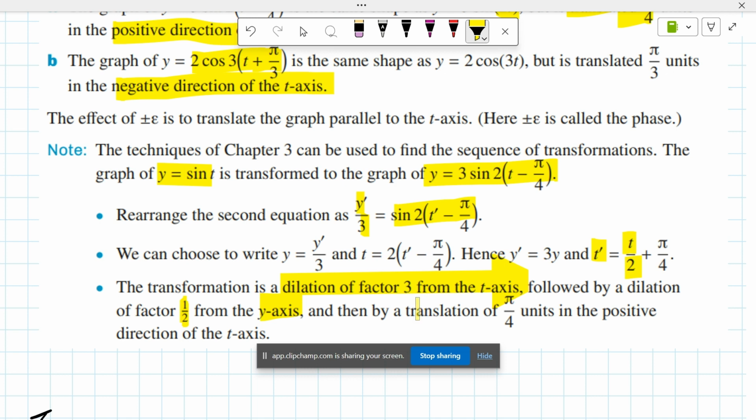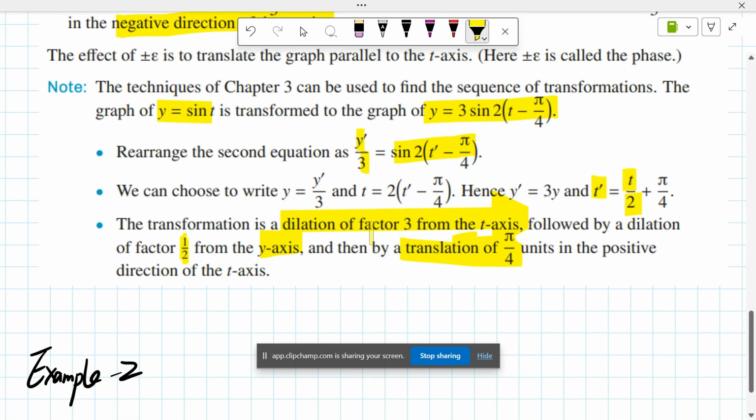And that means a half. And then the translation of pi on 4 units is going in the positive direction, because you plus in your transformation. So hopefully that can give you a quick idea.